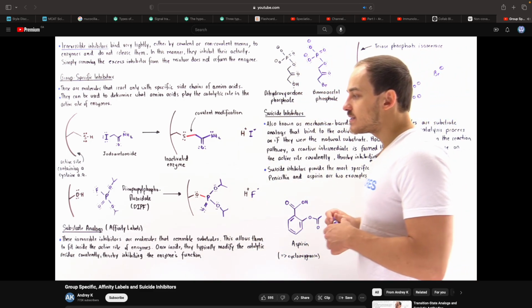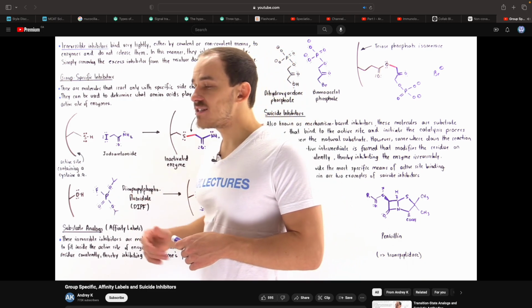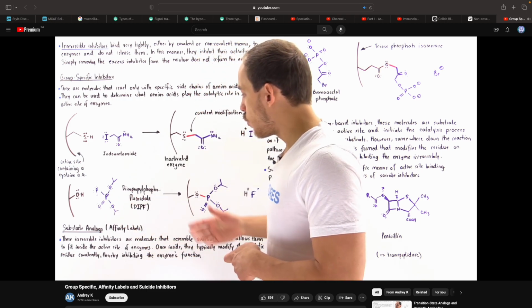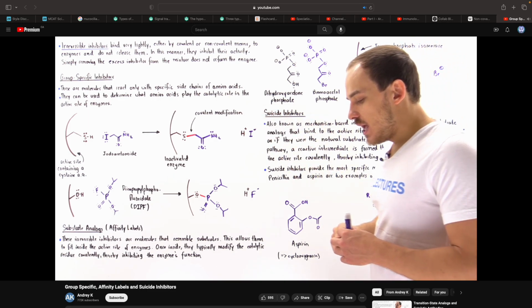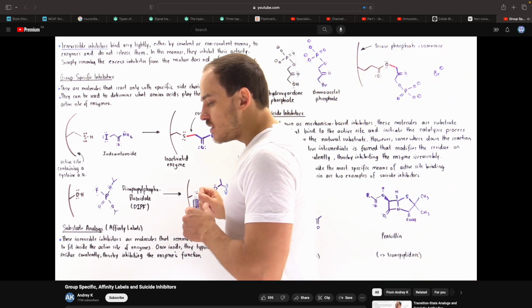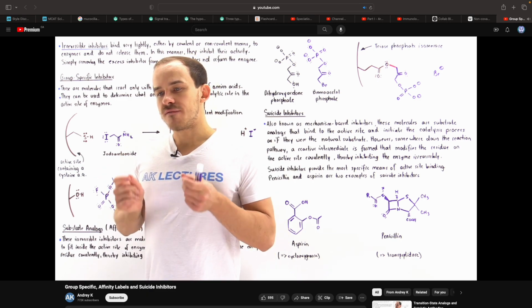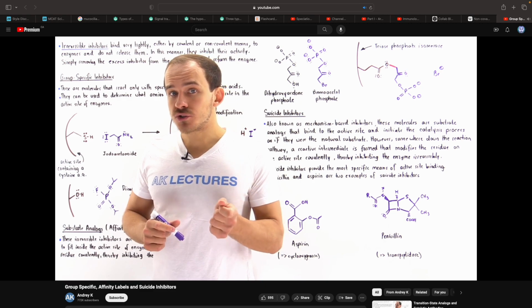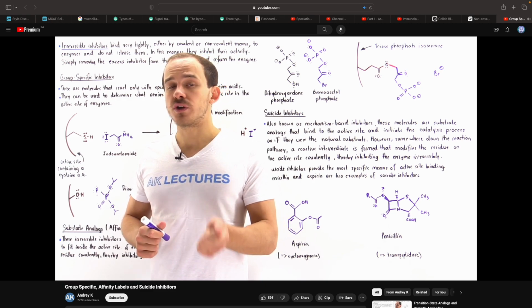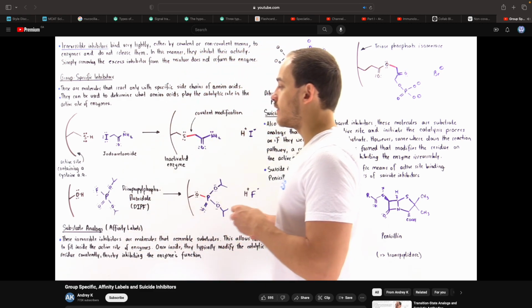Now, let's move on to the second category, known as substrate analogs, or more commonly, affinity labels. The thing about these affinity labels is that the structure of the irreversible inhibitor resembles the structure of the natural substrate that binds into the active site of that enzyme.